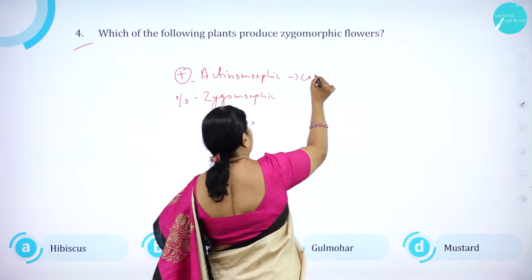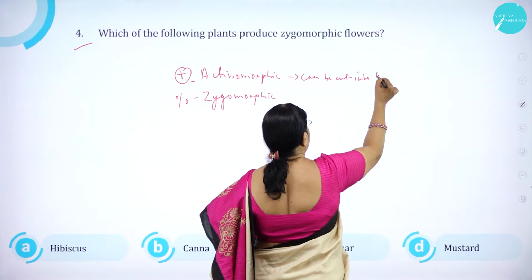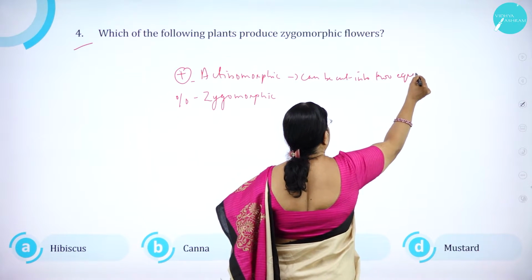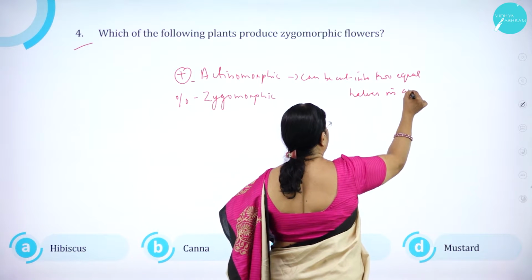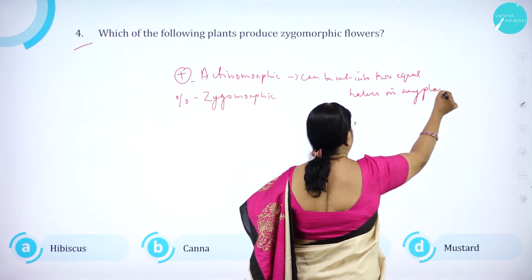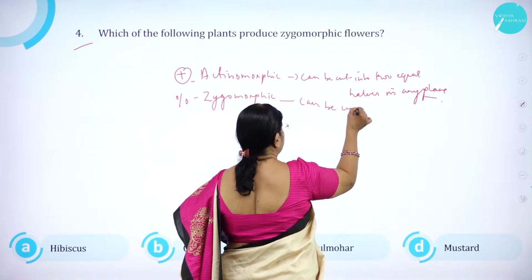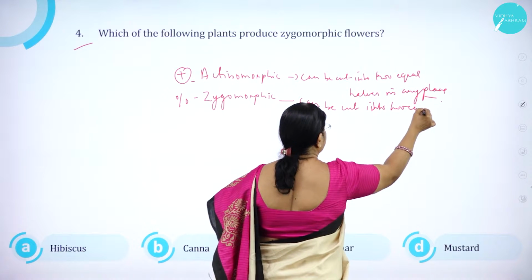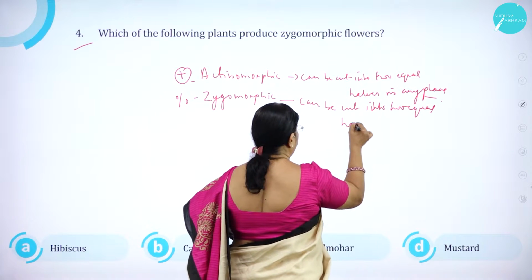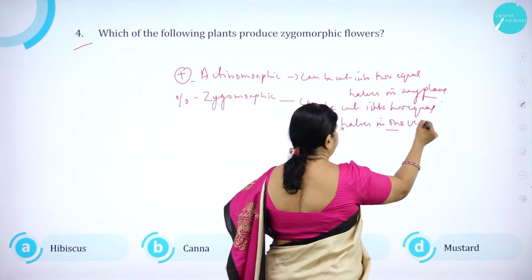Actinomorphic can be cut into two equal halves in any plane. Zygomorphic can be cut into two equal halves in one vertical plane.